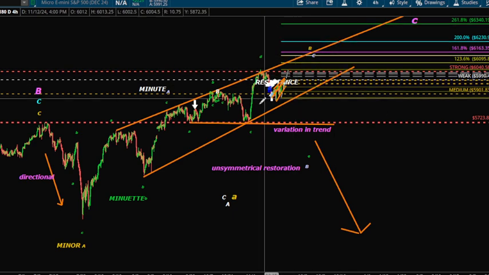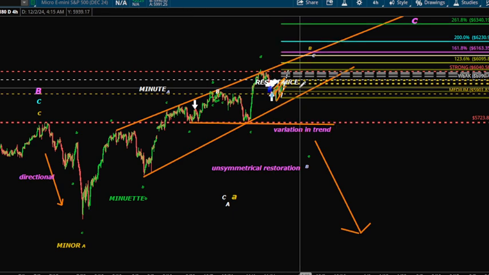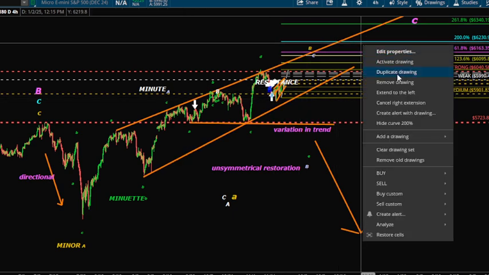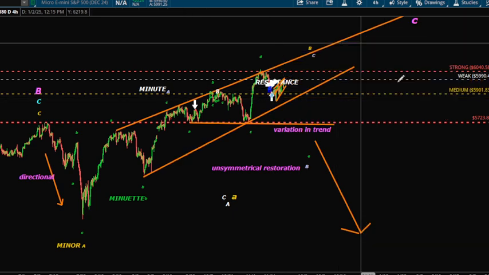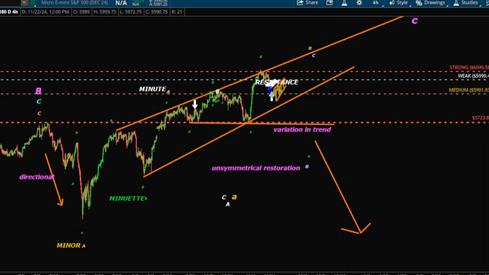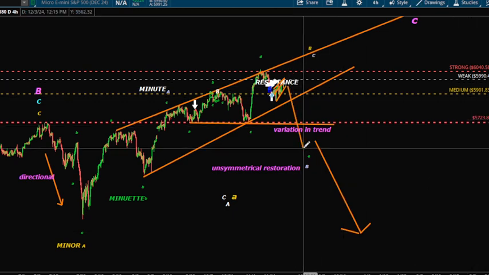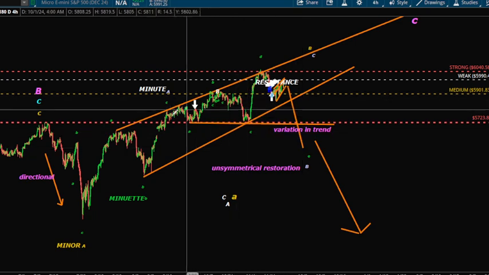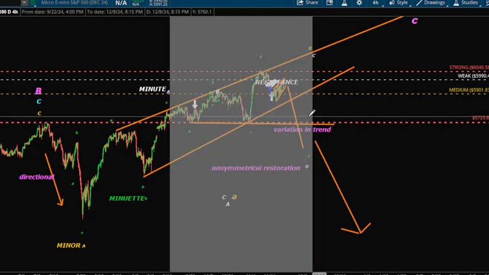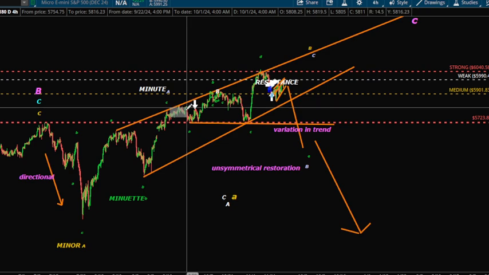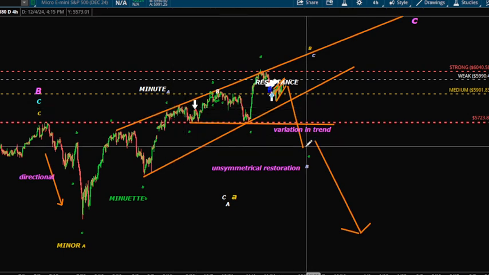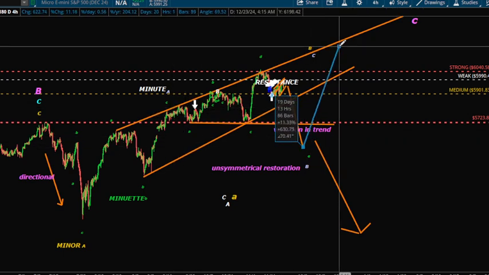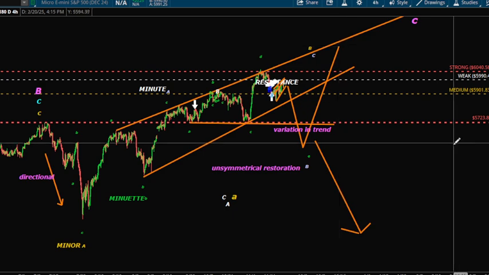I don't know, but it really looks like, if I had to guess, I think that this is going to come down here, act as a triangle from here, and then I think we're going to get a push up to here.